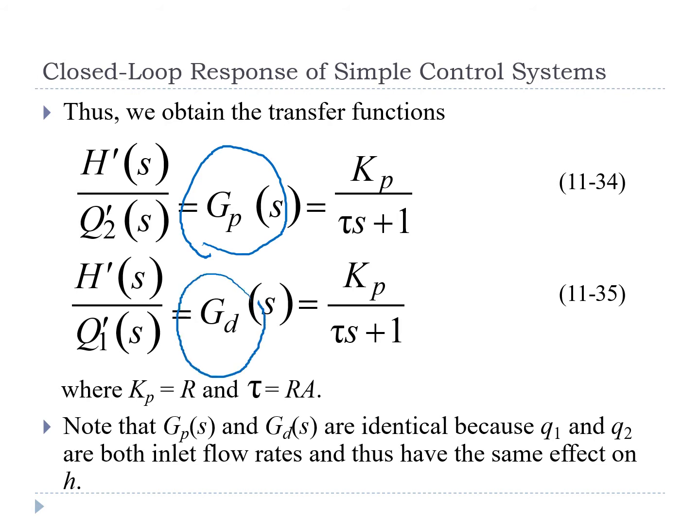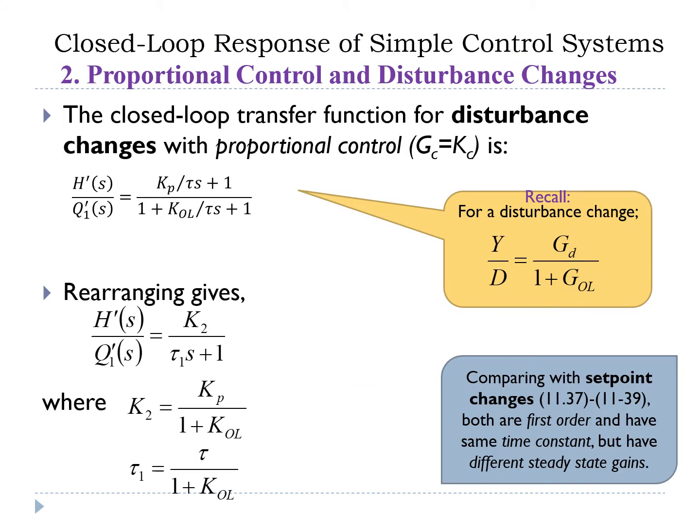So now, for a disturbance change, you need the transfer function of GD. For a disturbance change, you know that this is a regulator problem, so the output over the disturbance change equals this equation, which we derived last week. Now you need to substitute your GD and your GOL.